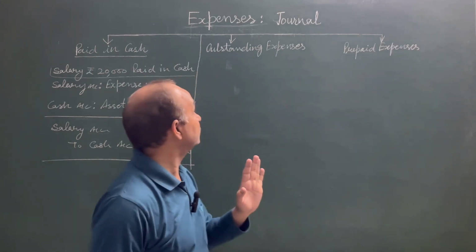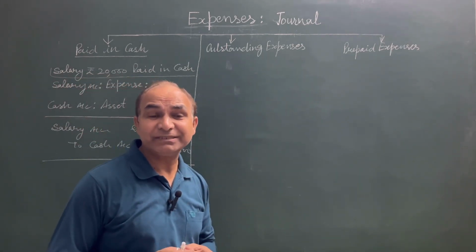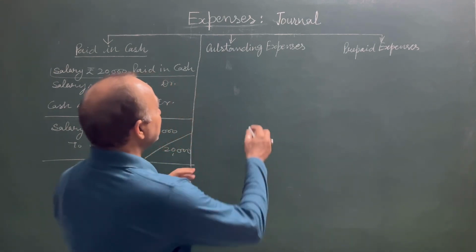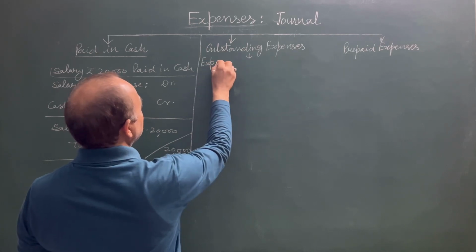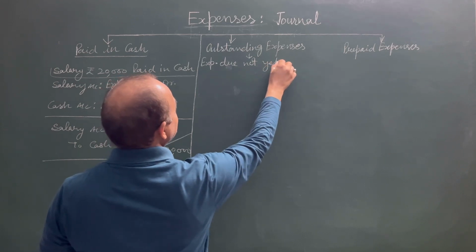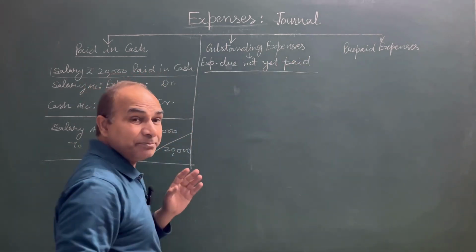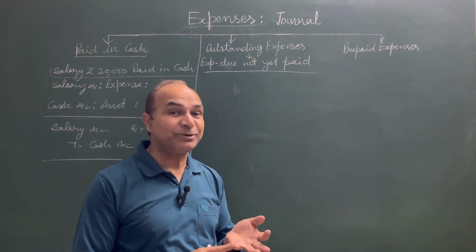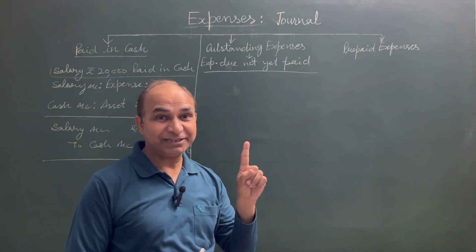Now the case number 2. What is this? Outstanding expenses. Outstanding expenses means what? The expenses due but not yet paid. It simply means we have taken the benefit of these expenses, but their payment has not yet been made by the organization.